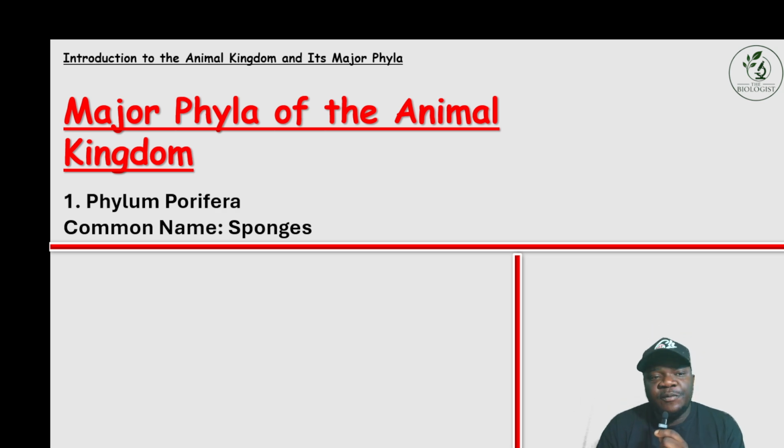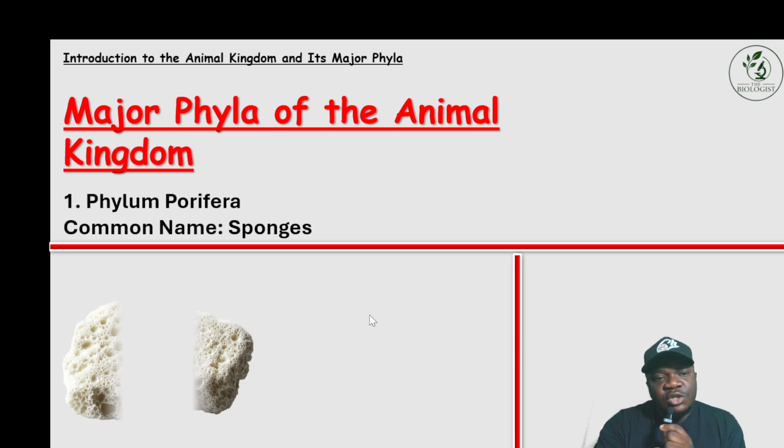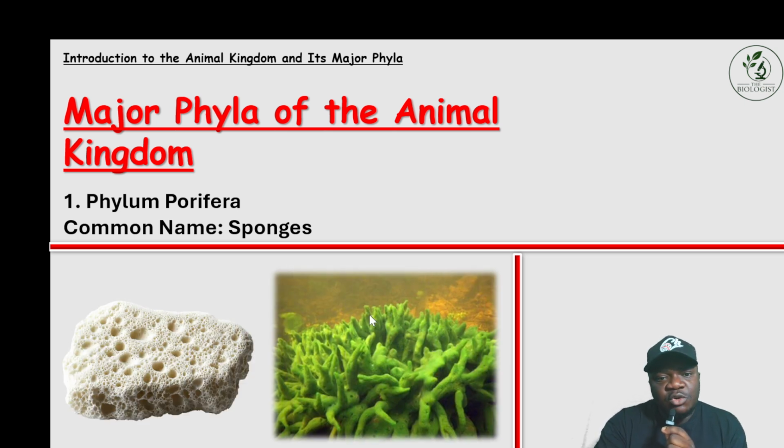The first one is phylum Porifera, which is commonly known as the sponges. This is how sponges look. In my next video, I'm going to give you a clear understanding of the characteristics and other vital information about this phylum.